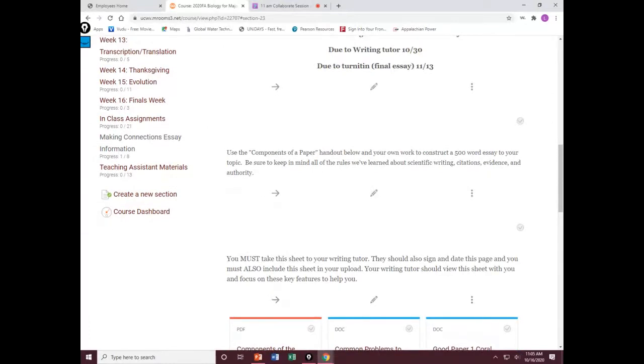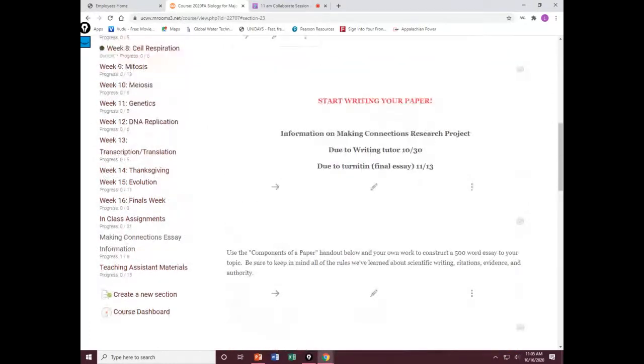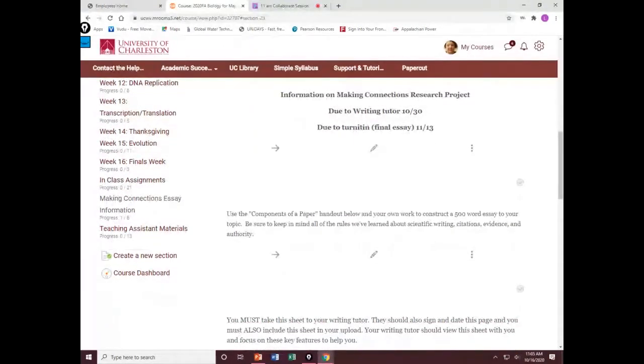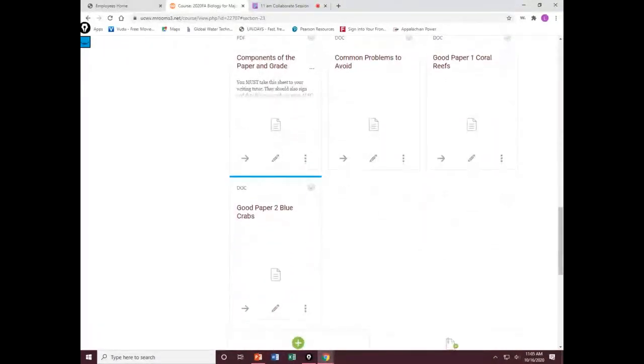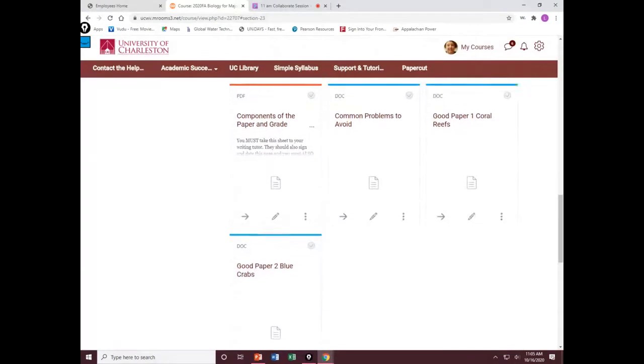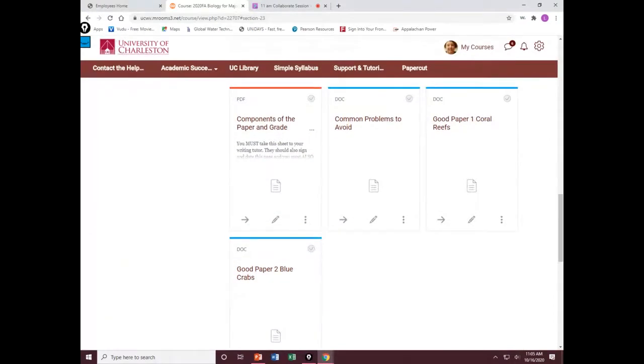Okay, so beyond these dates, which you can also find, of course, in our syllabus, but they're here for quick access. If we scroll a little lower, we see several really helpful resources. I'm going to go through the first one with you, but these other 3 are really valuable.